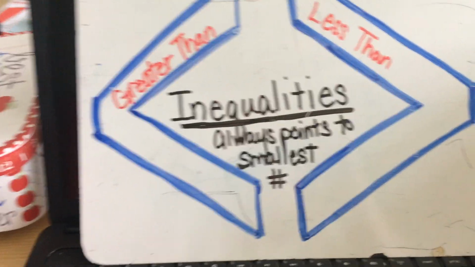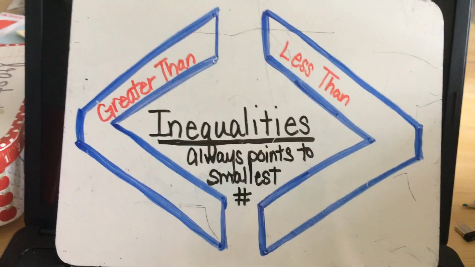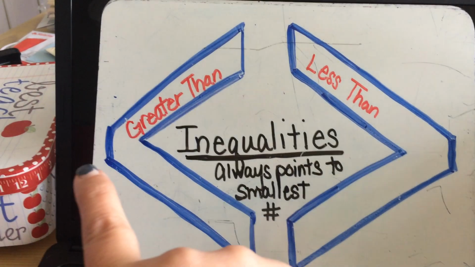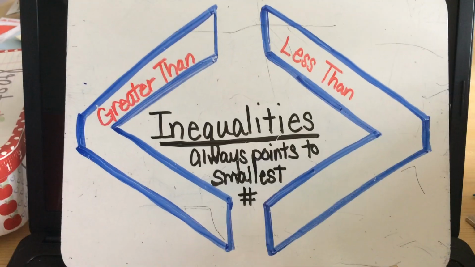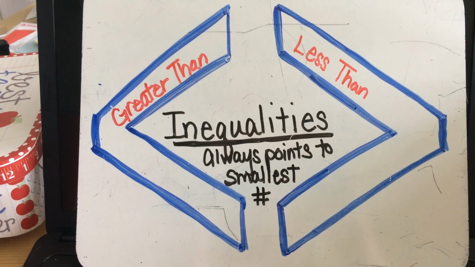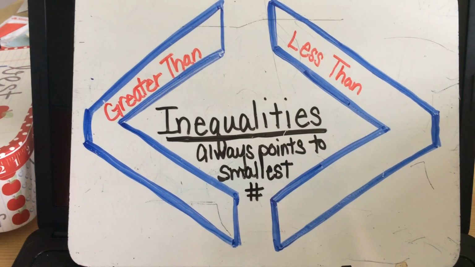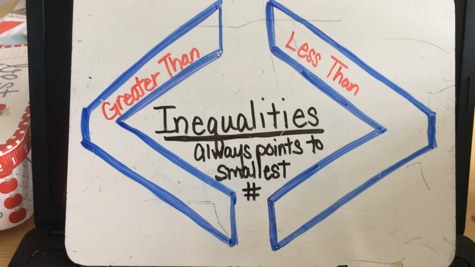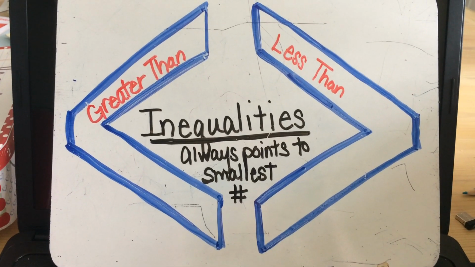These can be recognized by using two symbols. If it's pointing that way, it is greater than. If it's pointing that way, it is less than. These are called inequalities because one side is not equal to the other.